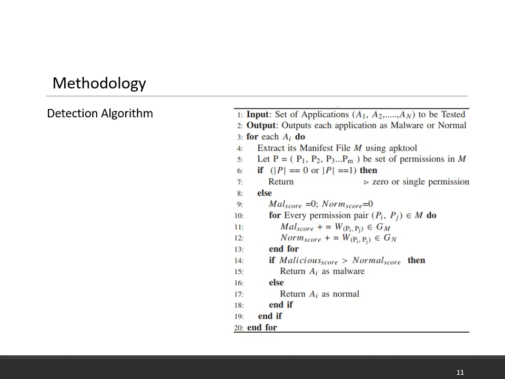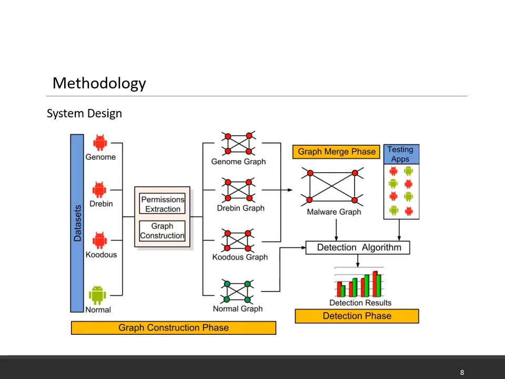Then if we go back to the previous slide, as you can see here, we have some graphs from the datasets. We know that they are malware, and we create a graph from the tested app.